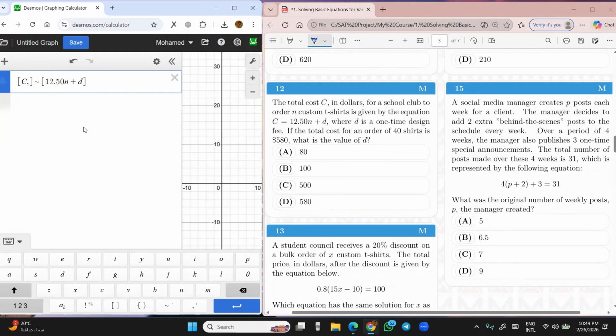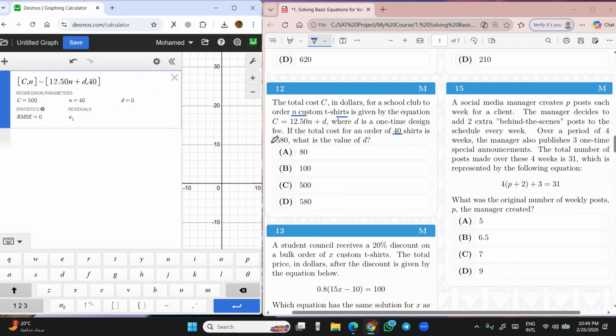After the comma here, we need to remember that 40 is the number of shirts, 40 shirts, and here N t-shirts. So N should be replaced by 40, or you can add N here on the left, and on the right we need to define it by 40.